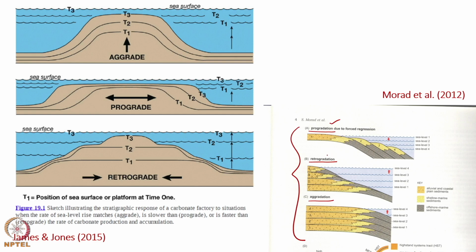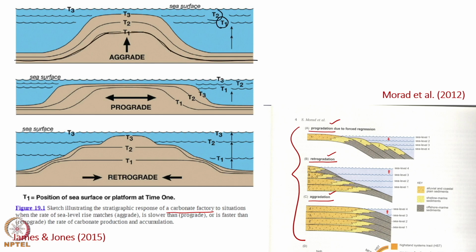Now, these terms we are going to see in the context of a carbonate factory where a carbonate mound is considered. Consider T1 is the level of sea surface, and at that time this was the carbonate level.